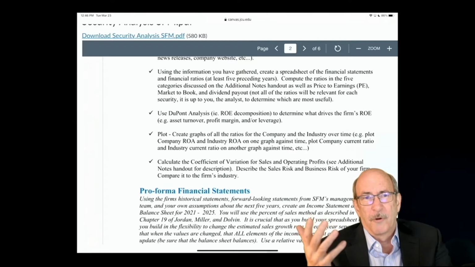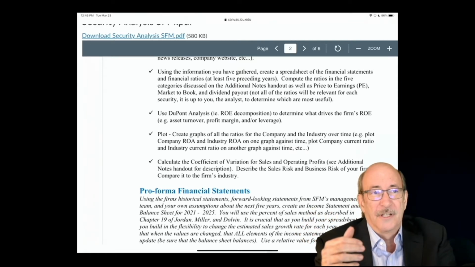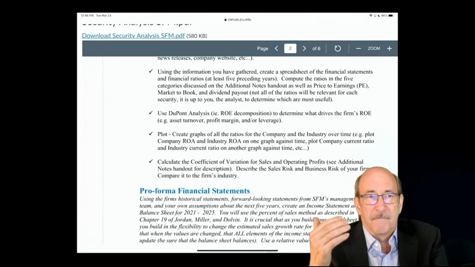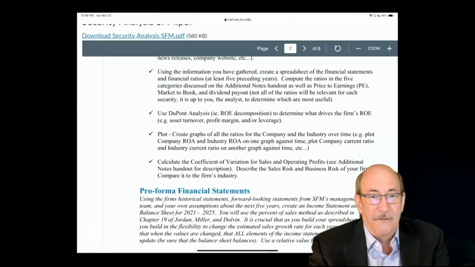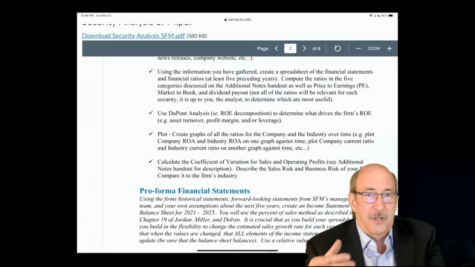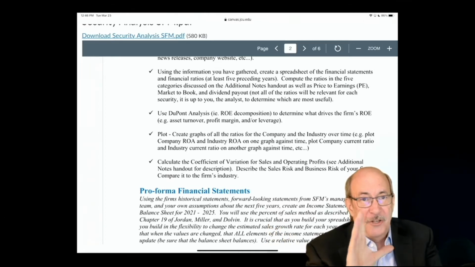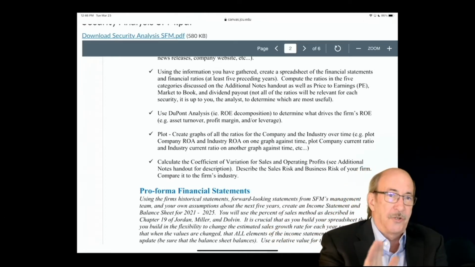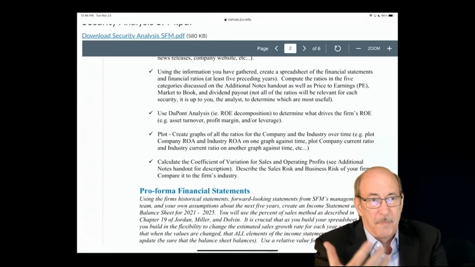So what we're really looking for there is how much the variability in the cash flows of SFM is influenced by the fixed cost component of their cost structure. So remember, we've got financial leverage, which is how much debt do we have on the balance sheet, how much of our asset base is supported by debt.